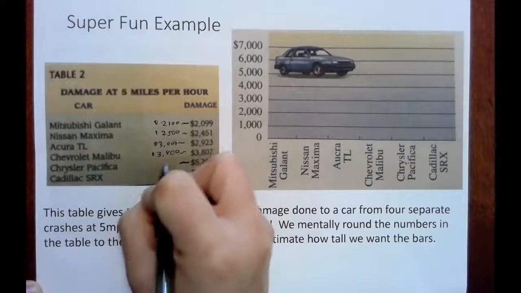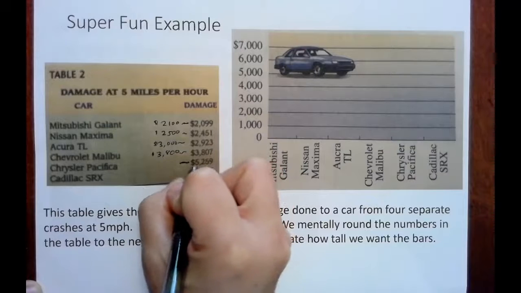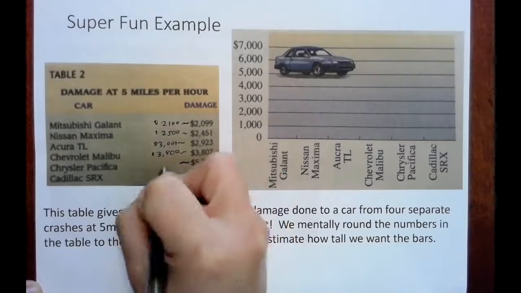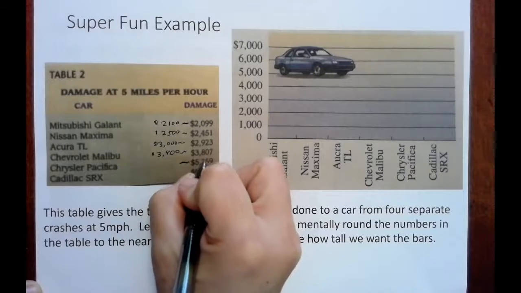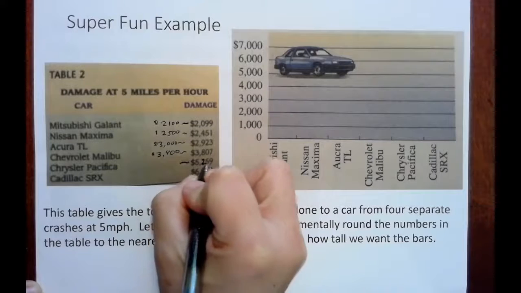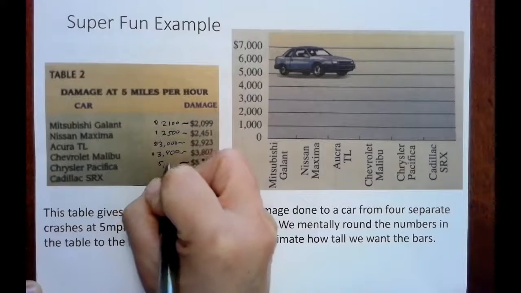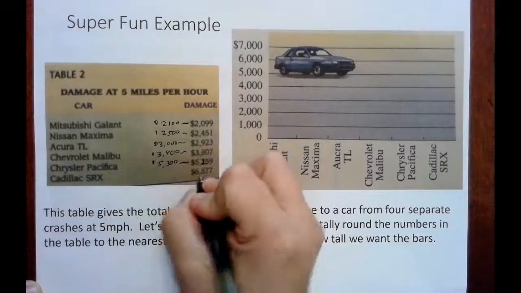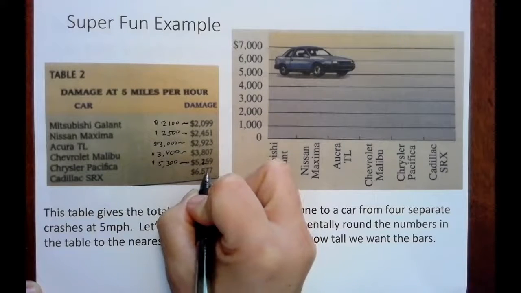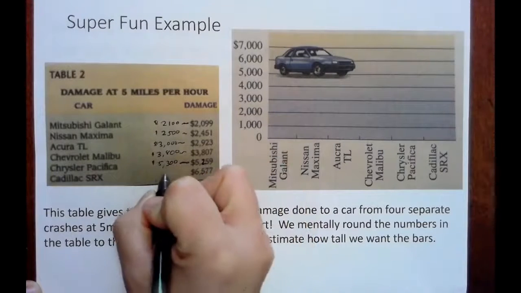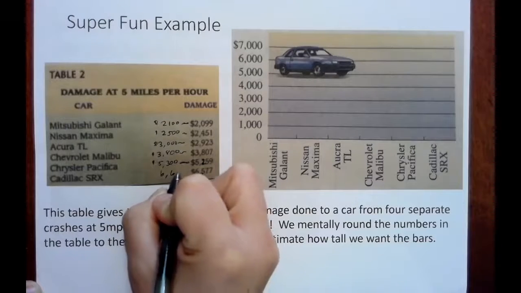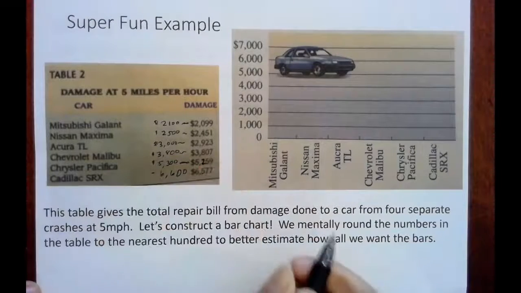Here we have 5,259 to the nearest 100. Remember we round up because it's a 5, right? So that would be 5,300. And then this one we're rounding to the nearest 100, and we look at the 7, so it goes up, so this would be 6,600. Okay, so we're going to basically graph that.